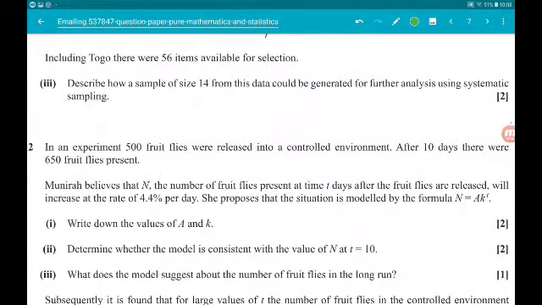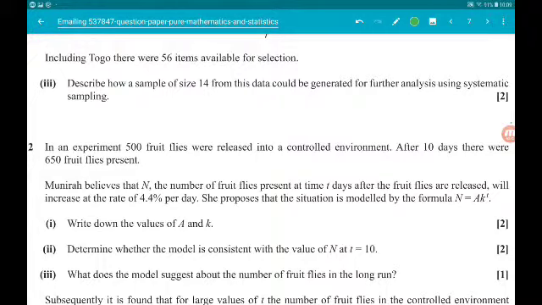Okay, then for part 3, including Togo, there were 56 items available for selection. We want to describe how a sample of size 14 from this data could be generated for further analysis using systematic sampling. So the one that always comes to me first is random number generating. Assign each country a number between 1 and 56.